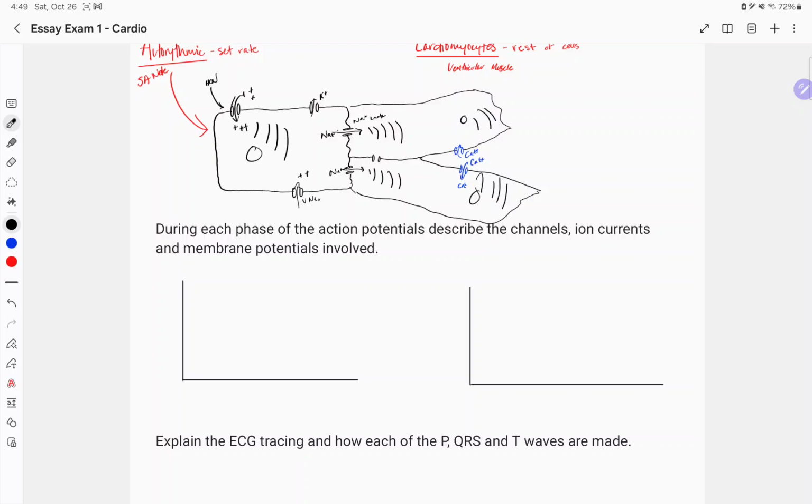So when we're talking about, I should have drawn these in different colors. Oh well, I'll do this. Autorhythmic. This will be cardiomyocytes. So for autorhythmic, right?